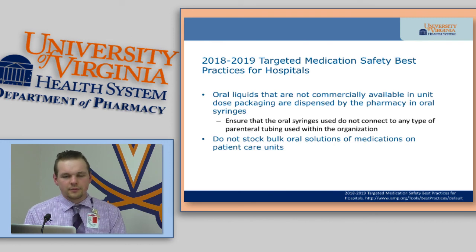They also recommend not stocking bulk oral solutions of medications on patient care units. Now that doesn't sound like it's technologically oriented, but I'm trying to make the case that pharmacy technicians have the ability to help participate in patient safety.